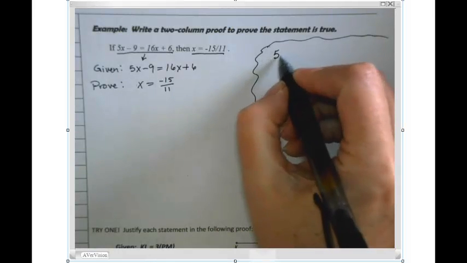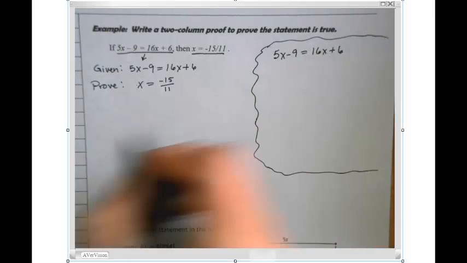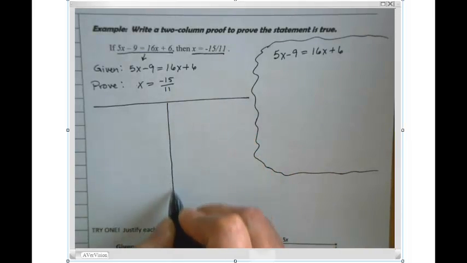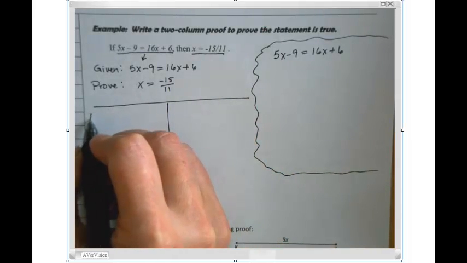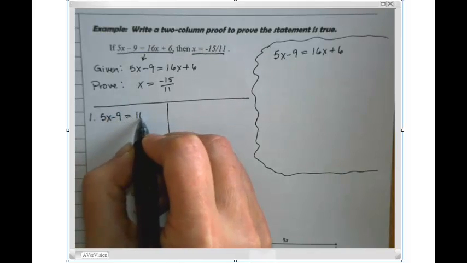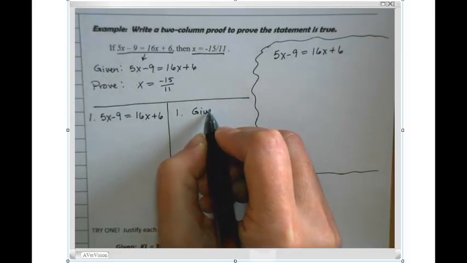In fact, let's just start solving this equation, and we'll write out and justify our steps here. So let's set up our two columns. And here we're going to start out with our first information, which is 5x minus 9 is equal to 16x plus 6. And we know that just because that's our given statement.